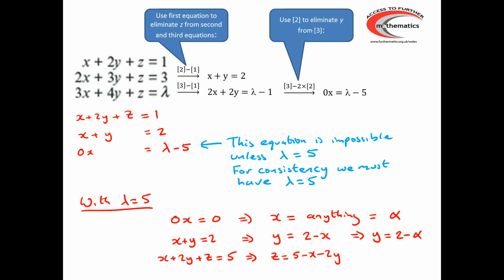And the equation x plus 2y plus z equals 5 tells me that z must be 5 minus x minus 2y. In other words, z must be 5 minus alpha, take away 2 lots of 2 minus alpha, which simplifies to being z equals 1 plus alpha.